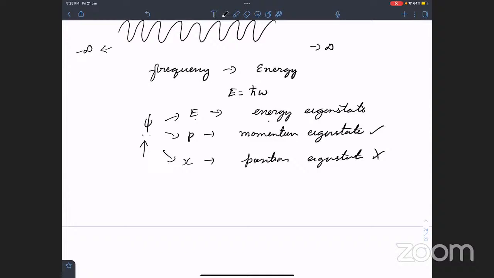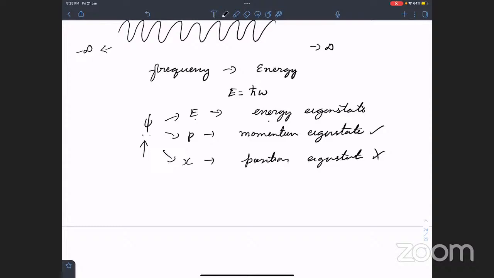It can, however, be a momentum eigenstate and an energy eigenstate. That is possible, and I'll show you later where that is possible, but it is entirely possible that a wave function is both a momentum eigenstate and an energy eigenstate. But it cannot be a position eigenstate and a momentum eigenstate.